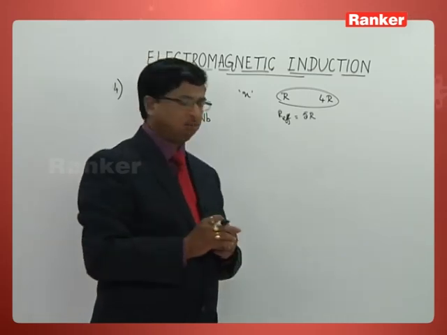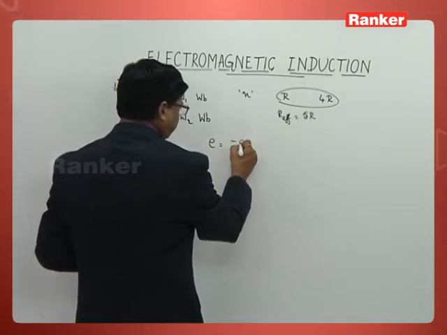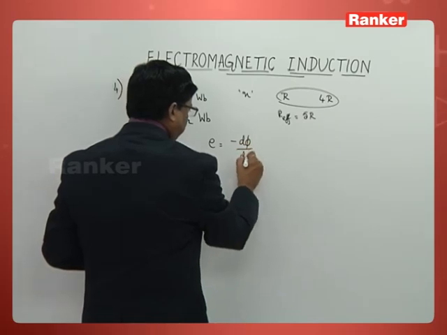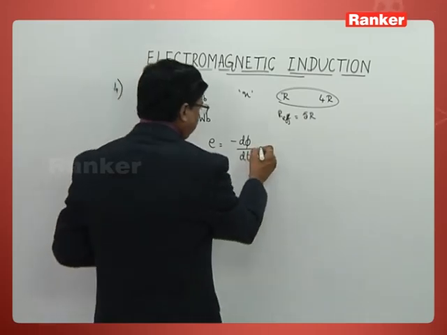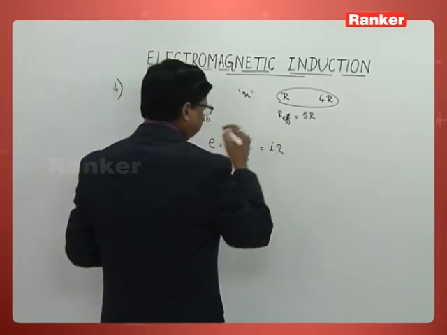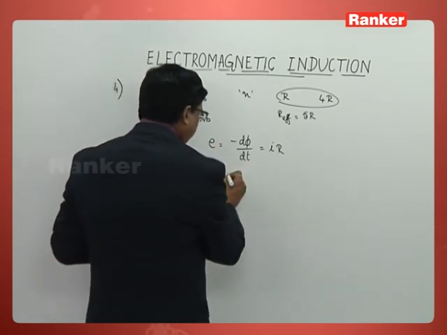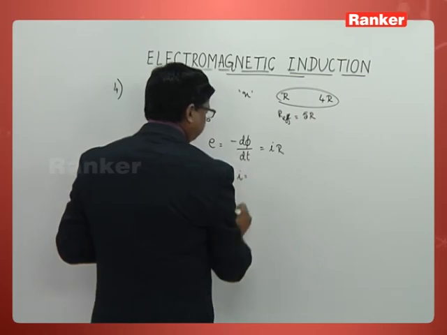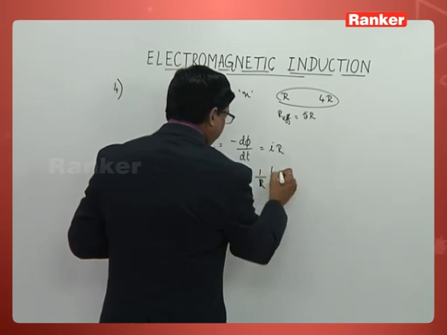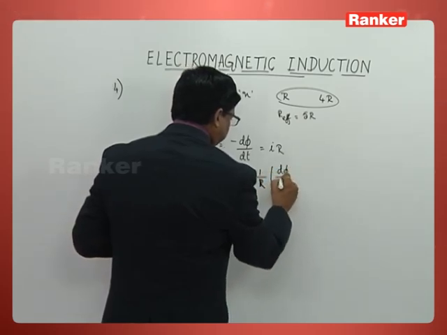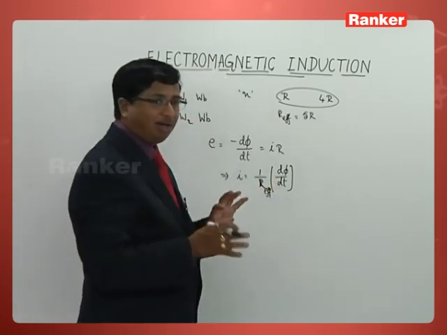That is the question. As usual, go ahead with the induced EMF first: minus d phi by dt. But of course we can write this as IR. The only point you should understand here is what the current is from this. It is 1 by R into d phi by dt, where R is the effective value.